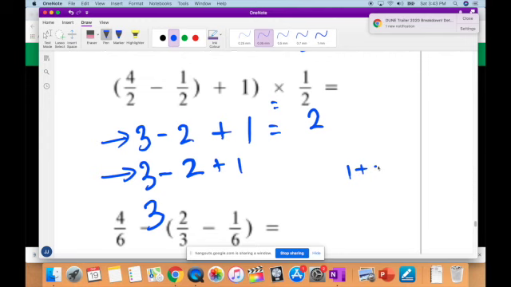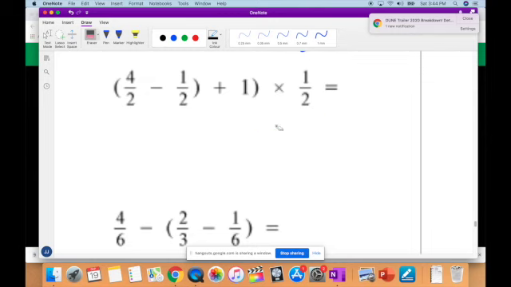Find the difference. 1 plus the negative 2, you'll end up getting negative 1 as the answer. And then you'll get back this 2. You see what I'm talking about? So you gotta be real careful, right?